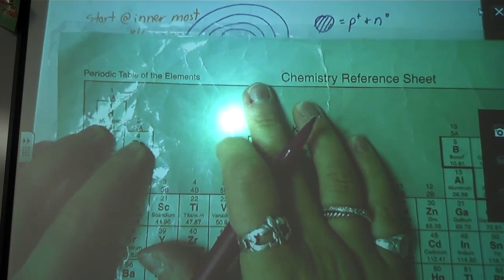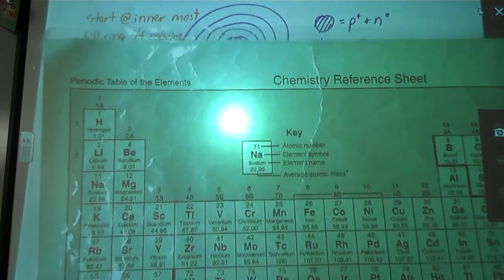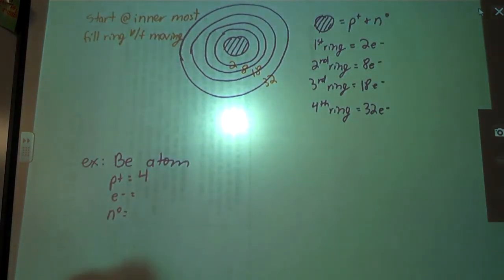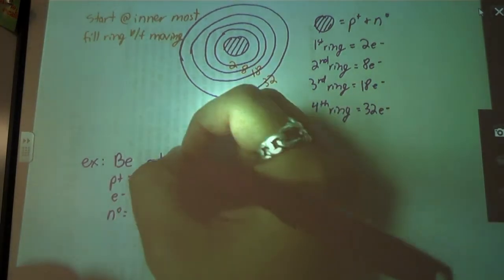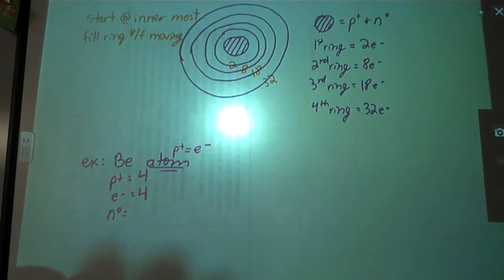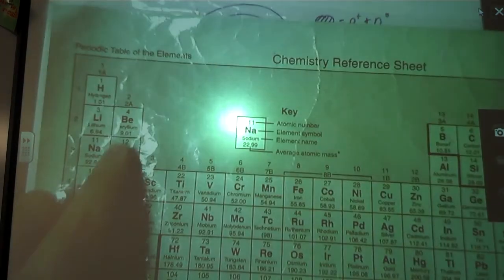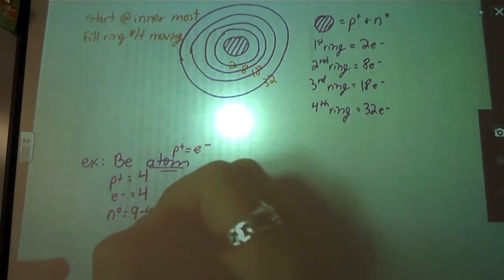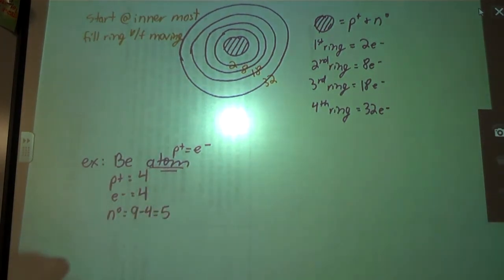So we've got a 4 up here at the top, 9 down here at the bottom. That 4 up top tells me my number of protons. Since it says Bohr atom, that means protons and electrons are the same, so we have 4 electrons. Since my mass number is 9, 9 minus 4 tells me that I have 5 neutrons.